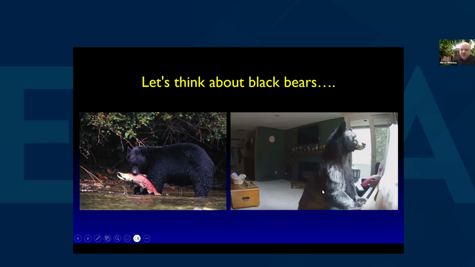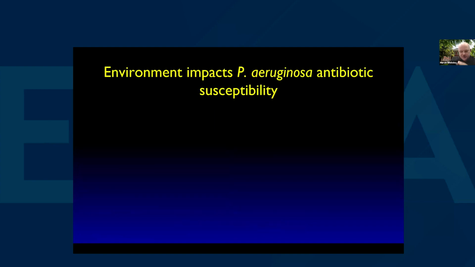These would be reasonable things that we would infer from this data, where obviously on the left we would think differently. So it really made me think about the experiments that my lab was doing at the time, and I really thought that a lot of the experiments we were doing were giving us real data. Some of it was important, but I thought a lot of it may be studying black bears in houses. And so the environment really matters. And I really put this down here because it really matters for bacteria.